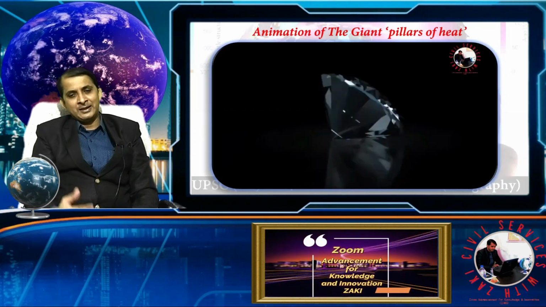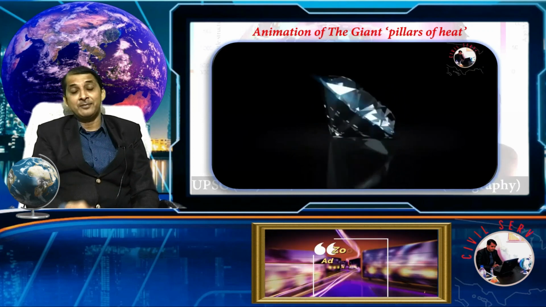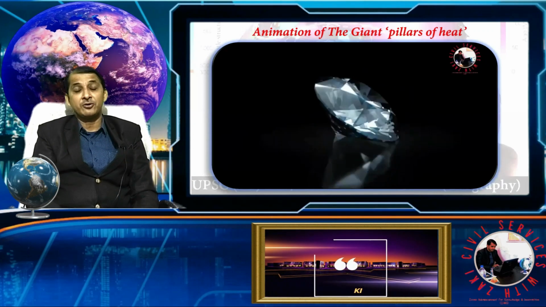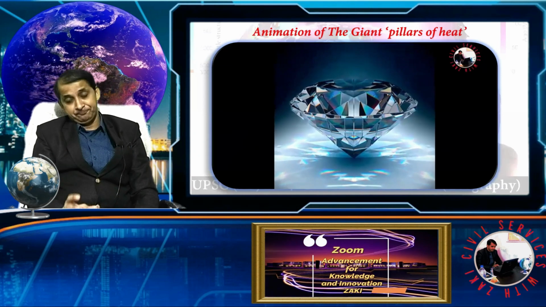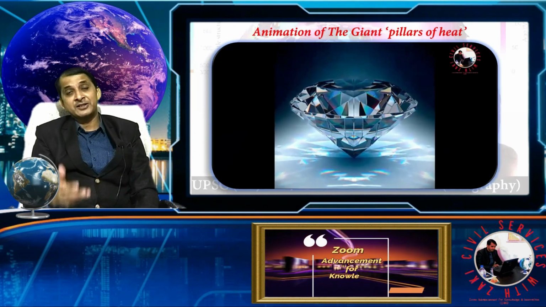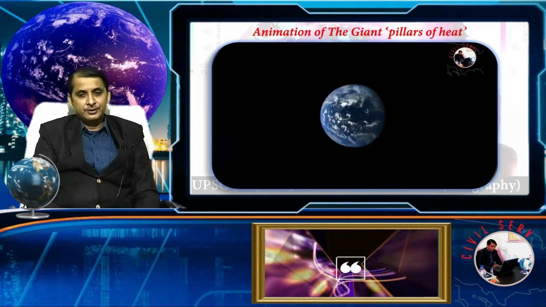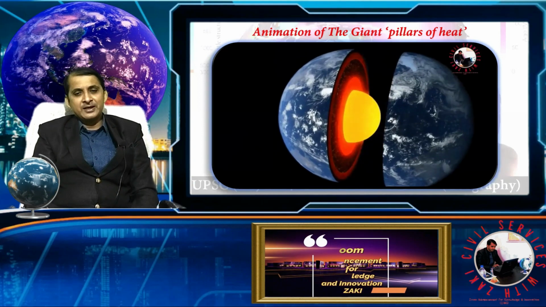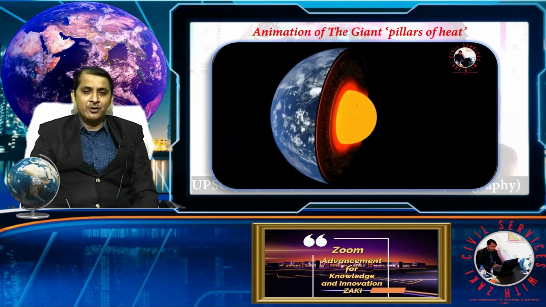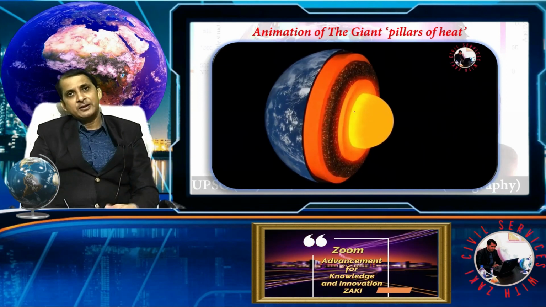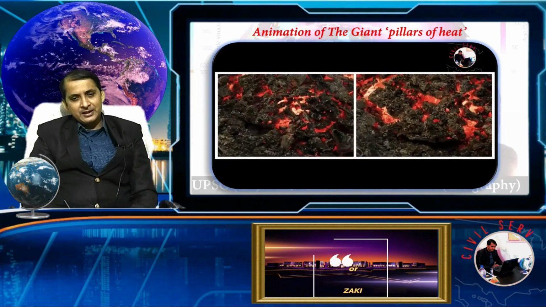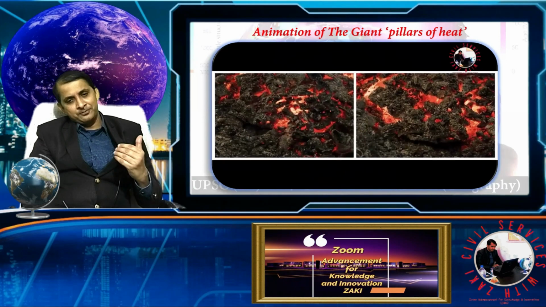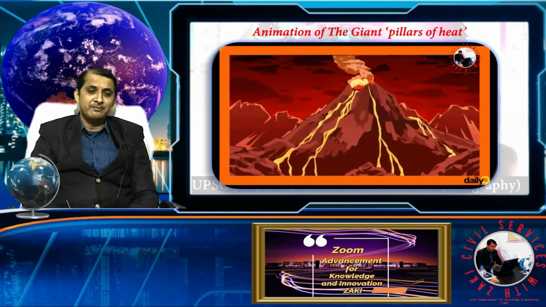Here you find the diamond, the most precious element and the hardest substance on earth. These diamonds are formed deep within the earth under intense pressure and intense temperature, and reach the surface by the kimberlite.